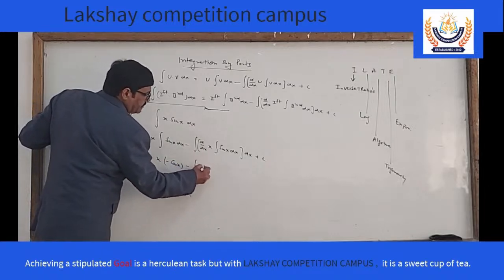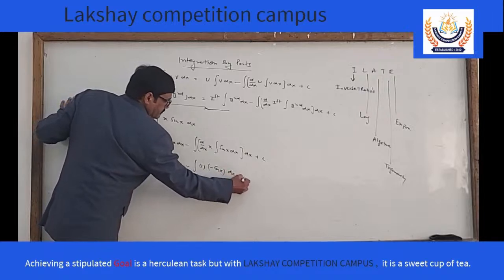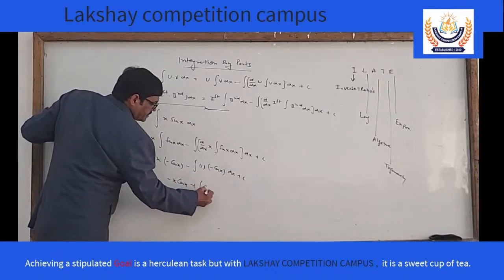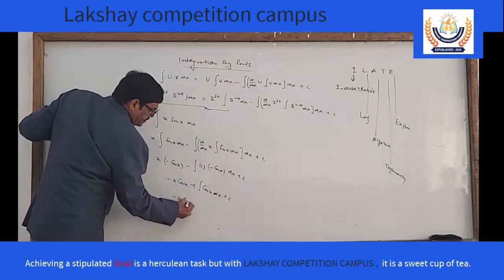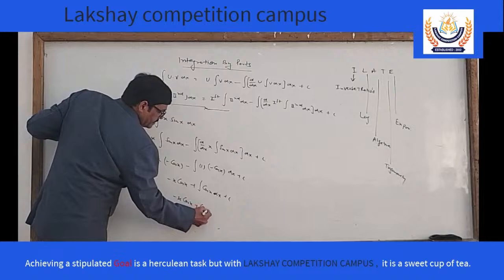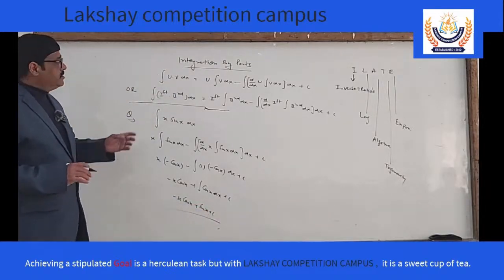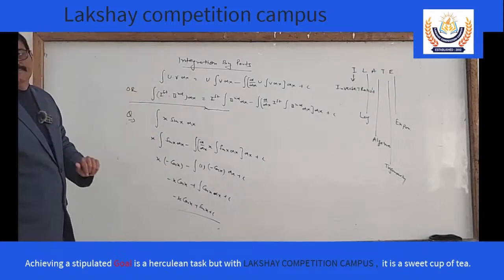Derivative of x is 1. Minus x cos x plus cos x dx, minus x cos x plus sin x. This type we find out. Okay, so this is the concept u into v, integration by parts.